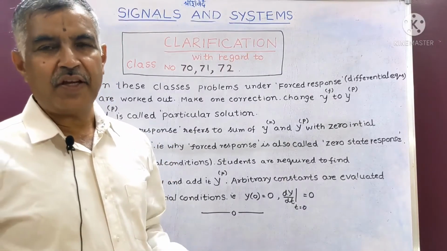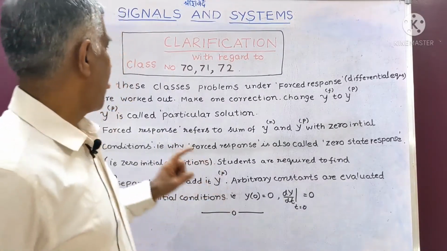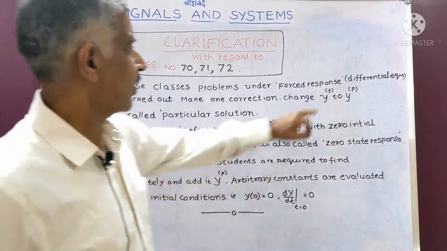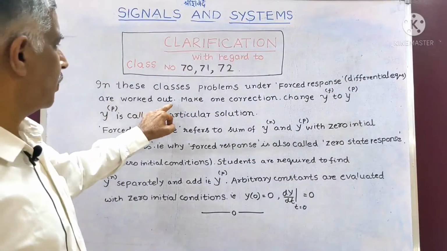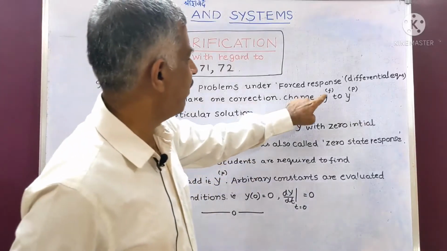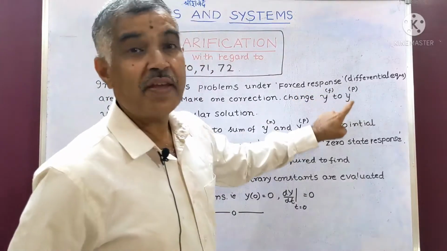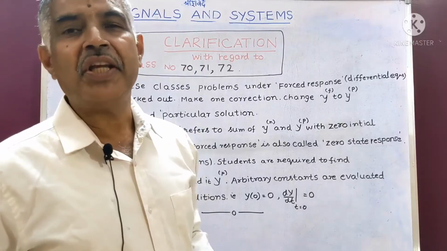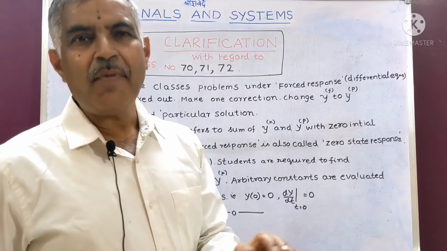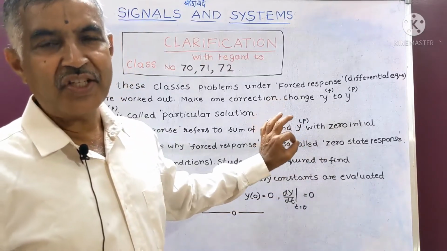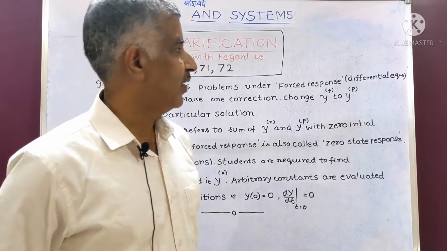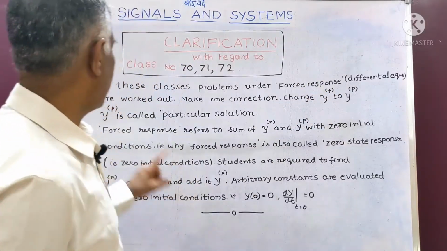You have to make one correction. Instead of YF, use YP. P stands for particular solution. I mentioned the term particular solution, but at the time of writing I wrote F instead. So change F to P, because it is called the particular solution.